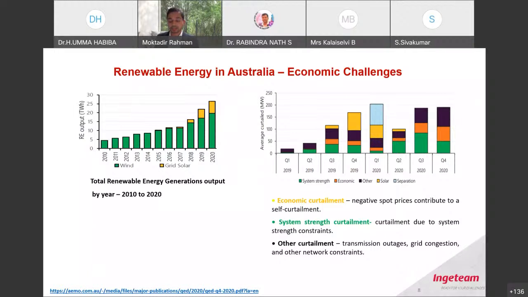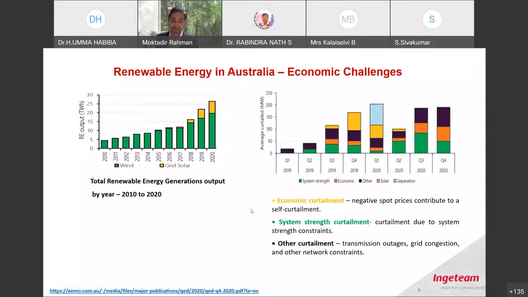If the plant owner generates power, they will get a penalty for producing it. So they need to curtail the production, while it is important to have renewable integration throughout the day. So this is the economic loss for the plant owner.